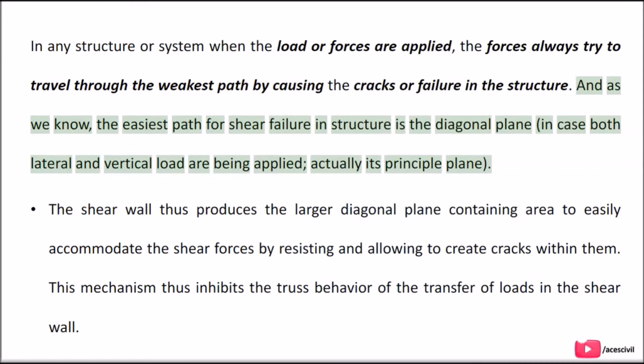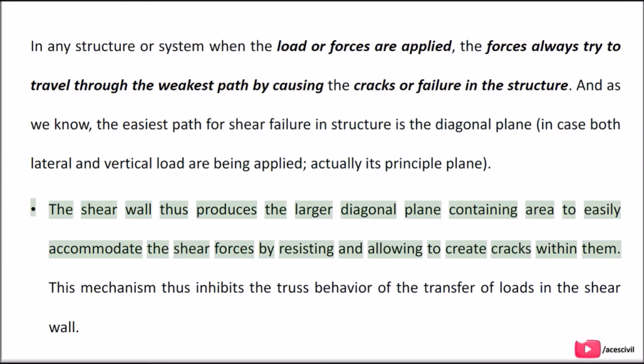And as we know, the easiest path for shear failure in a structure is the diagonal plane, in case both lateral and vertical loads are being applied, actually its principal plane. The shear wall thus provides a larger diagonal plane-containing area to easily accommodate the shear forces by resisting and allowing cracks to create within them.